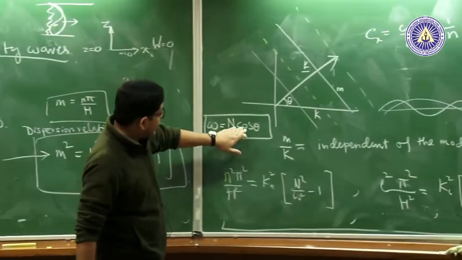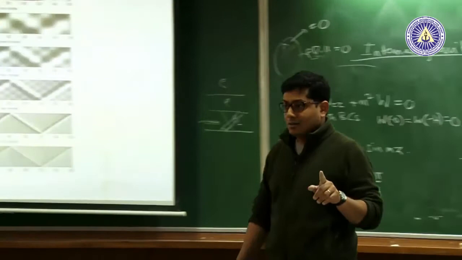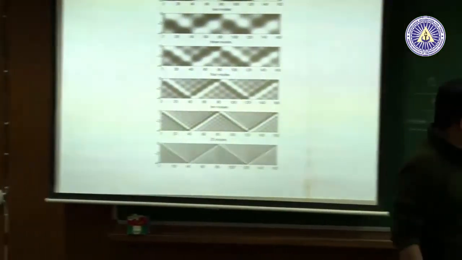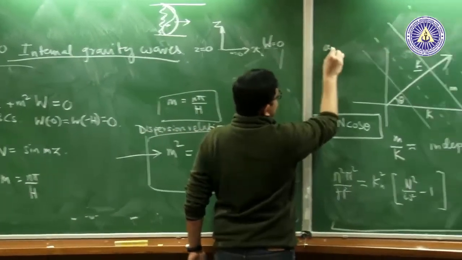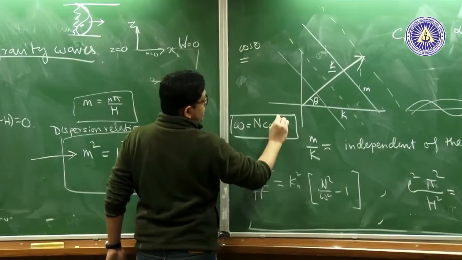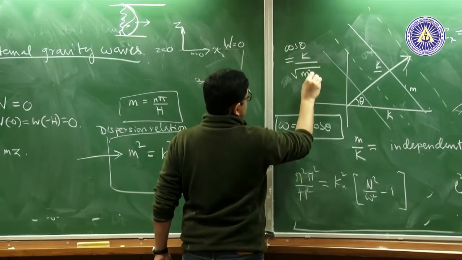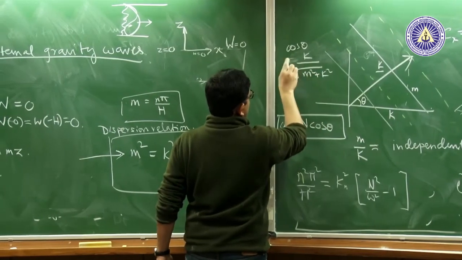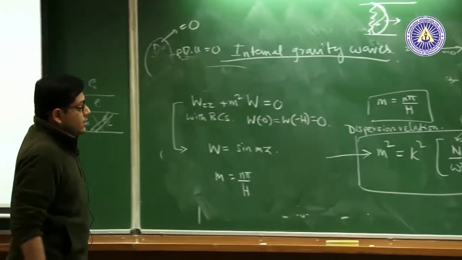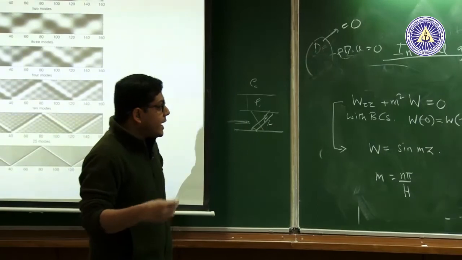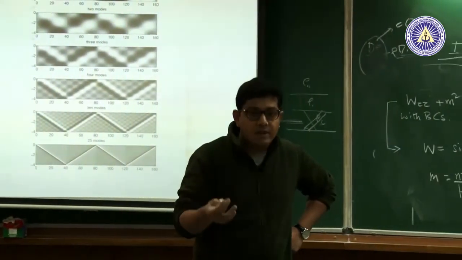So omega equals n cos theta, which makes a very important point. Usually when you write a dispersion relation, it is frequency with respect to wave number.